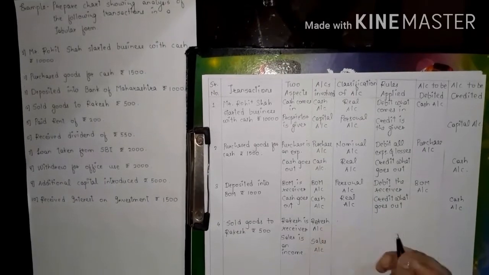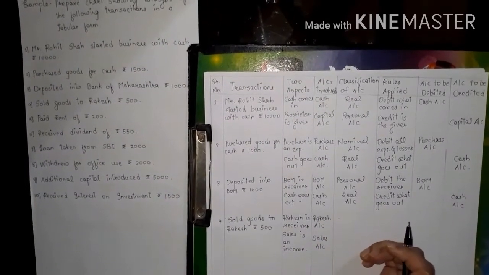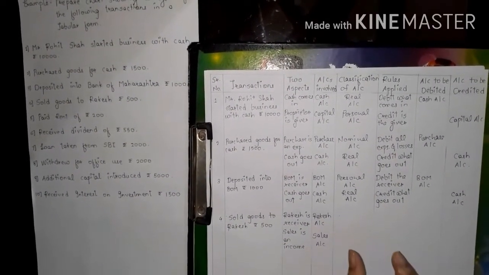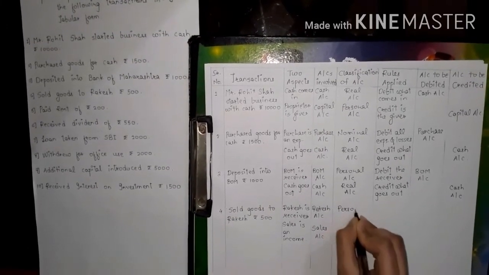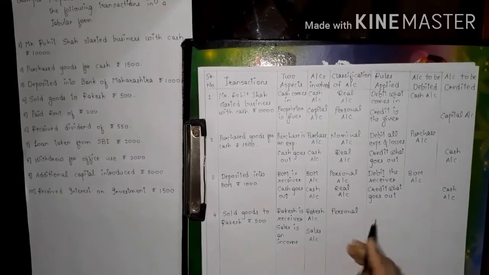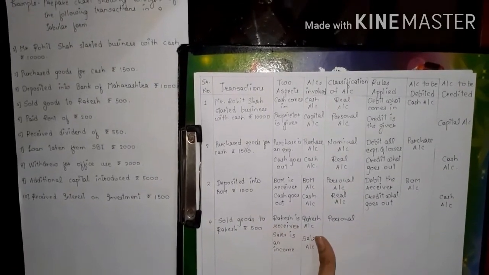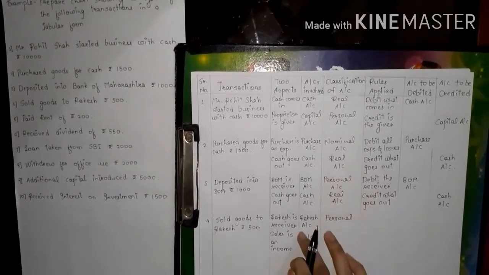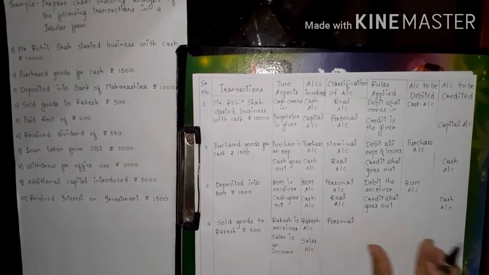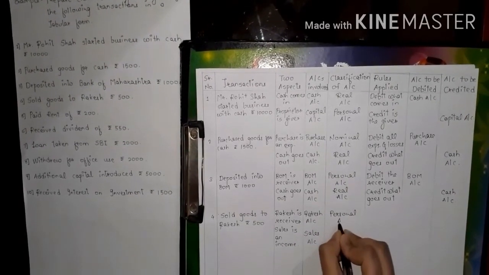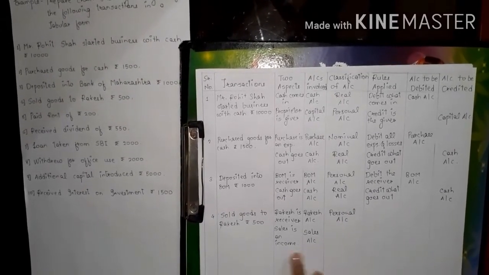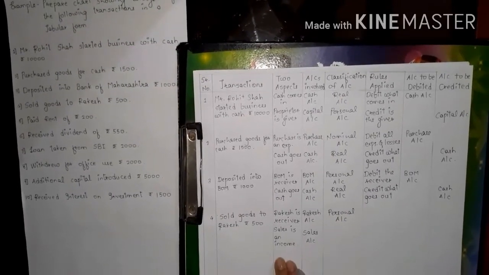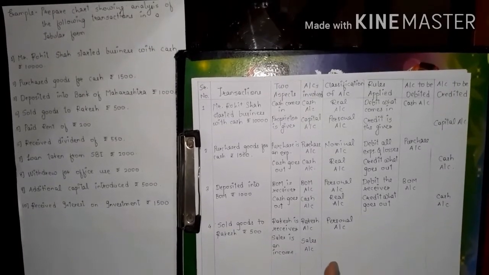For the Rakesh account, as we know, natural beings consist of personal account. So we will write here personal account. I have already explained to you the classification of account. Do watch that video too, so that you will understand which accounts are under which personal account. Now this is personal account. And sales, this is our income, a nominal account.